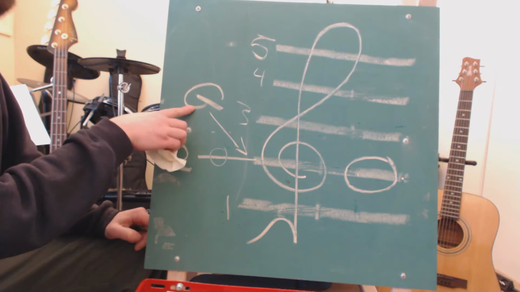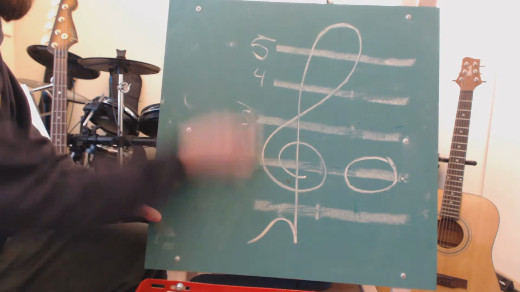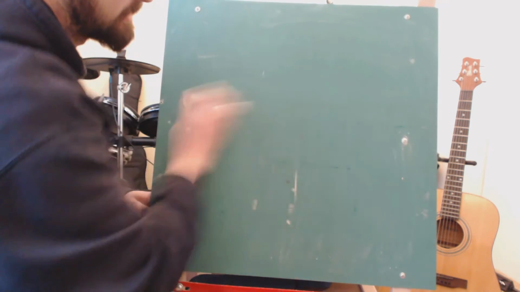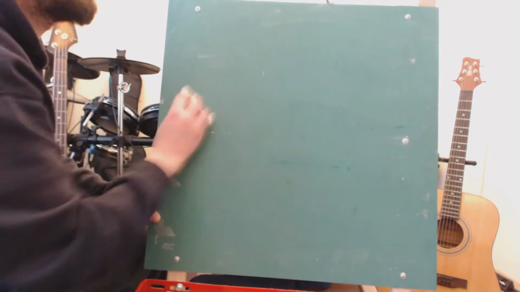Now, letters. G was the first letter, the first one I talked about in this video, but now let's talk about the letters, because that's how we identify the notes on the staff, by their letter name.